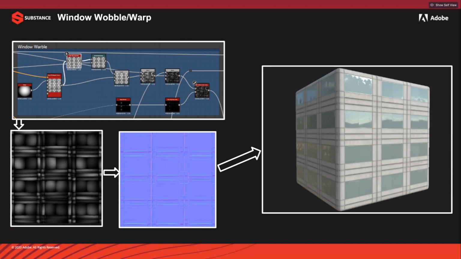I'm using extensive use of the flood fill node to give the window bulge, and you have very fine control over the warble, so I can show it in Designer in a little bit.